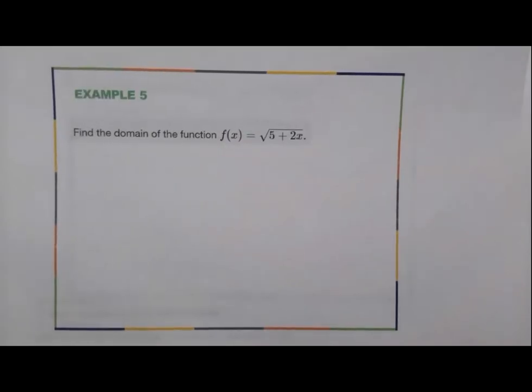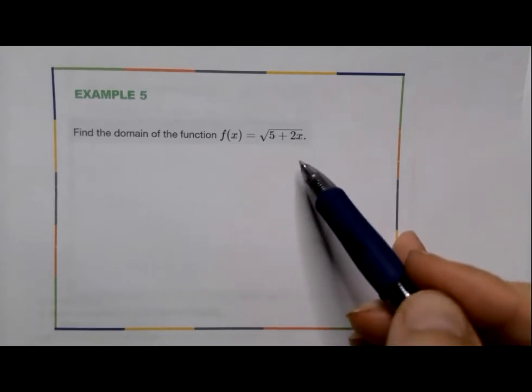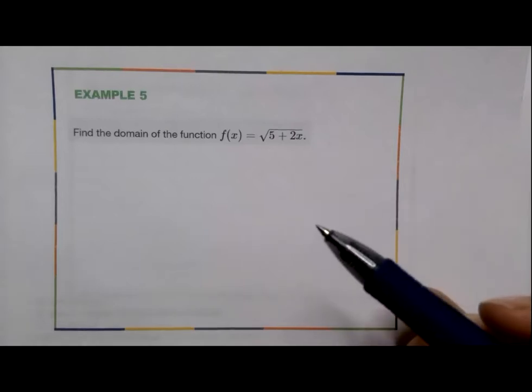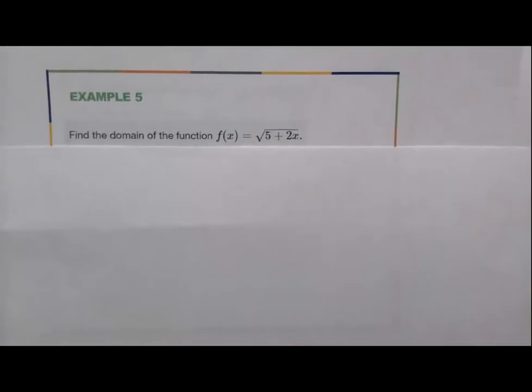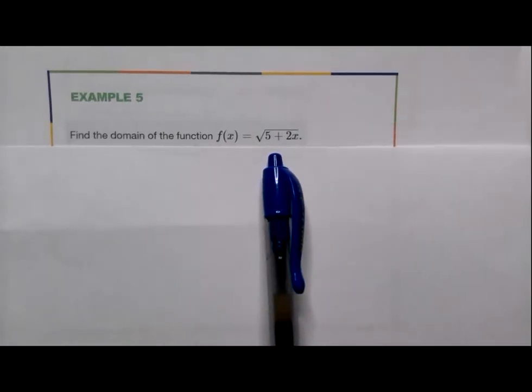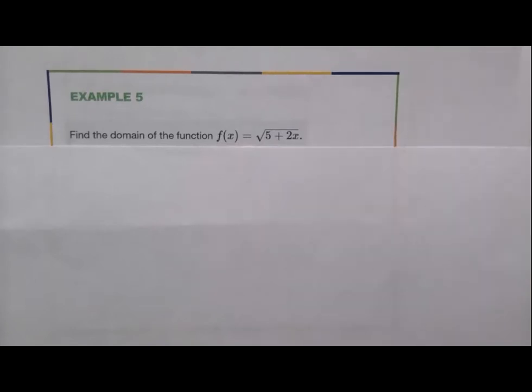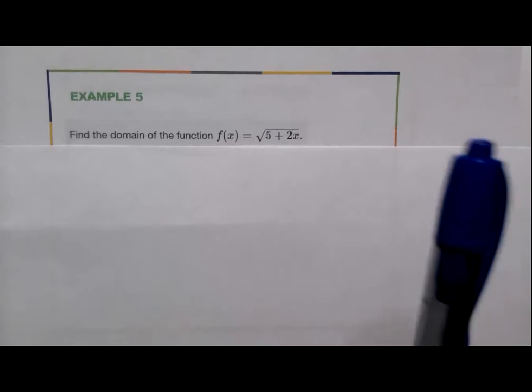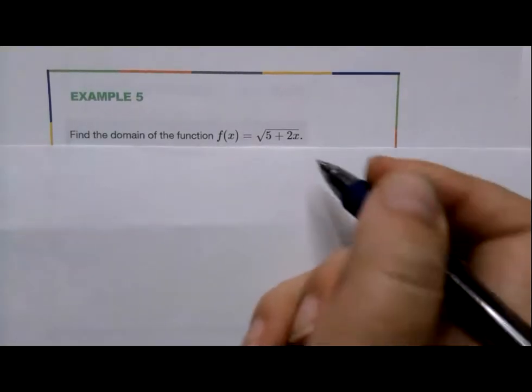So the next type of function where you may be asked for domain is a square root function. Okay, so let's talk about the domain for the square root function. As a reminder about radical functions, we cannot take square roots of a negative number and get a real number as the answer.